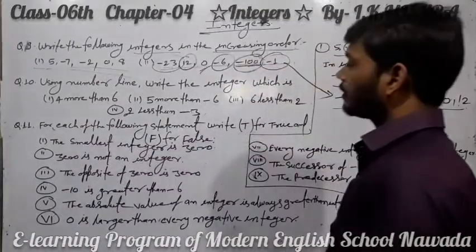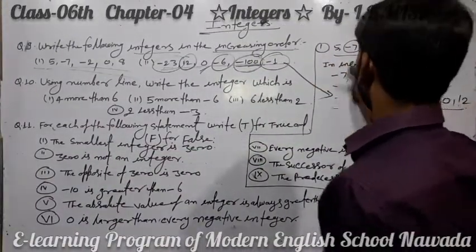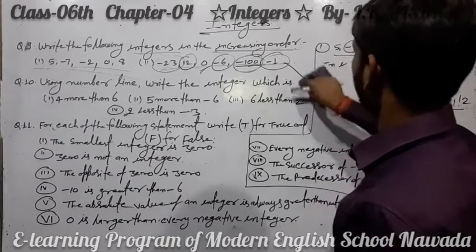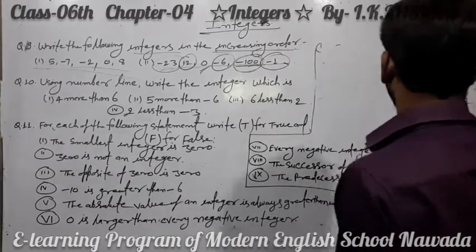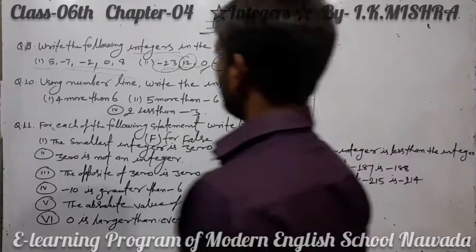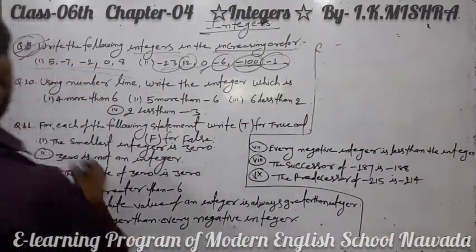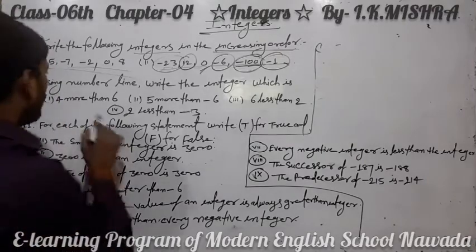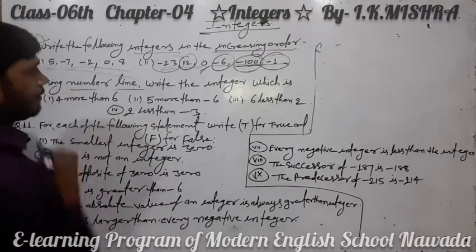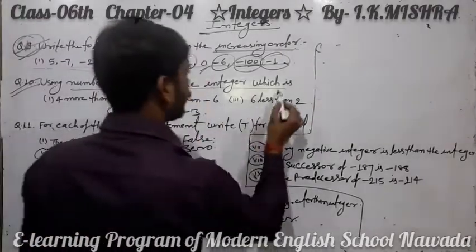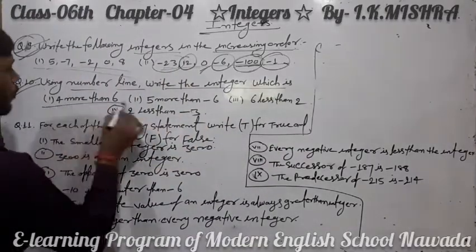Now students, I discuss question number 10. I discussed question number 9. Now in question number 10, using a number line, write the integer which is 5 more than 6.